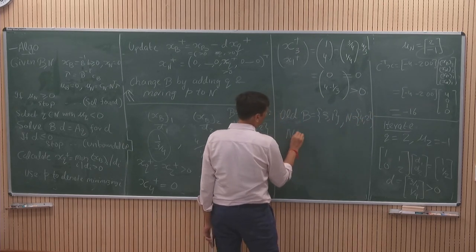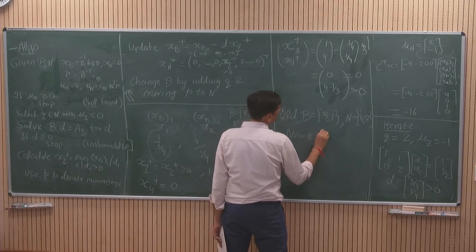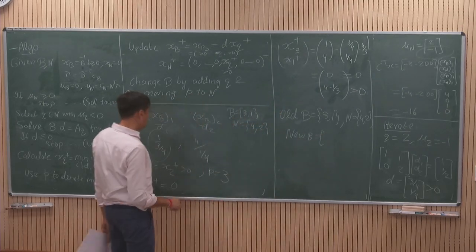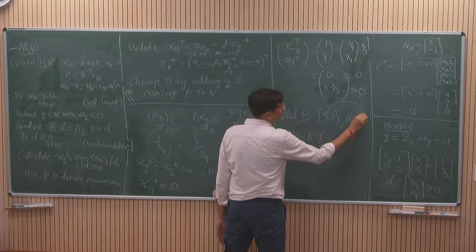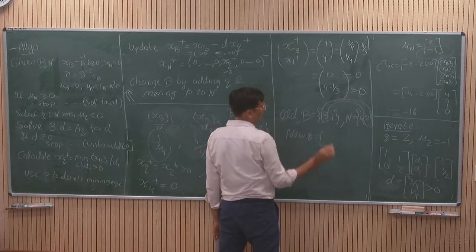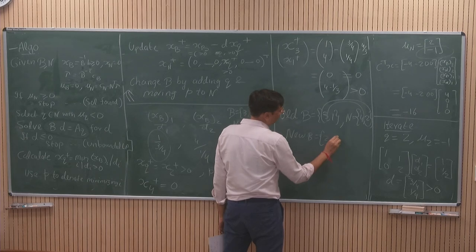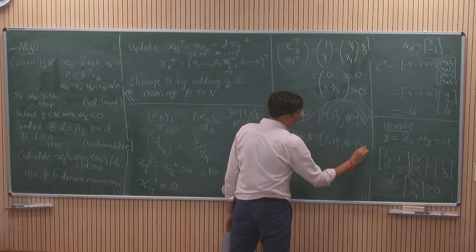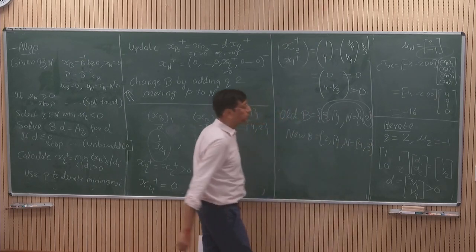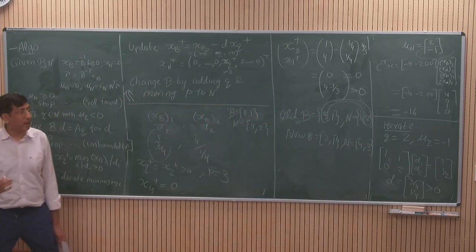Your new B would be, you have to swap p and q. Your p is 3 and q is 2. So you're going to swap these. So that will be 2, 1, and n is equal to 4, 3. So another iteration over.